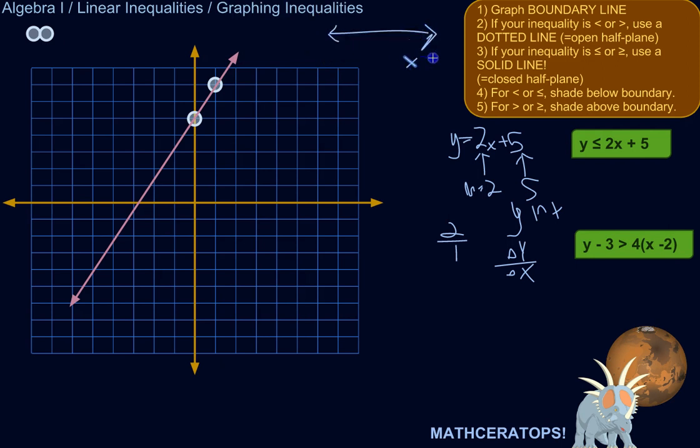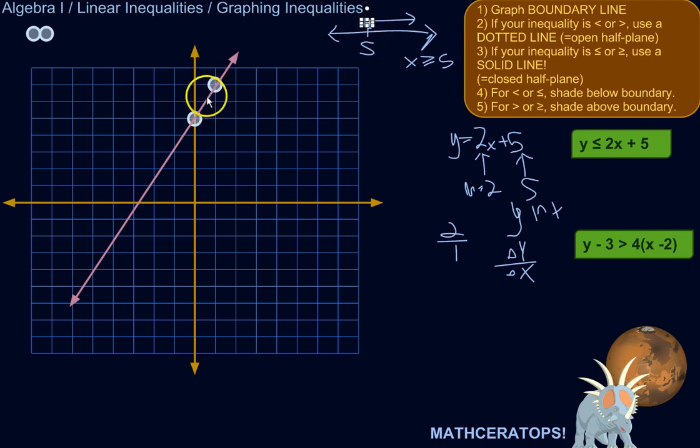If you have x is greater than 5, let's say that's number 5 right there, you would leave that circle open to indicate that the solutions don't include the number 5 itself, but anything that's greater than 5 is fine, like 5.1, 5.000003, whatever. So this is an open circle. If it were x is greater than or equal to 5, that would include 5, so that'd be a closed circle.